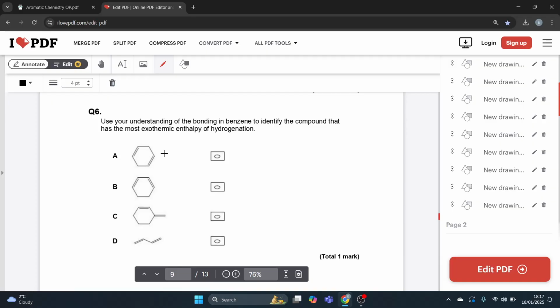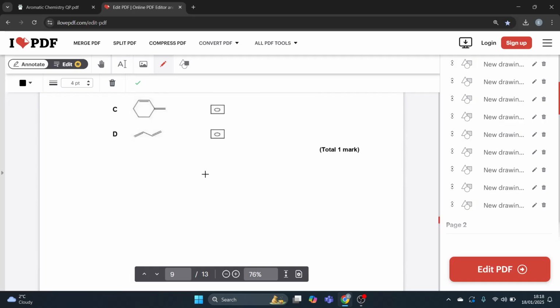But for this one, if you look at all of these A, B, C, and D, these are opposite each other. It's going to have the most exothermic enthalpy of hydrogenation. The p orbitals overlap. It's going to be A.